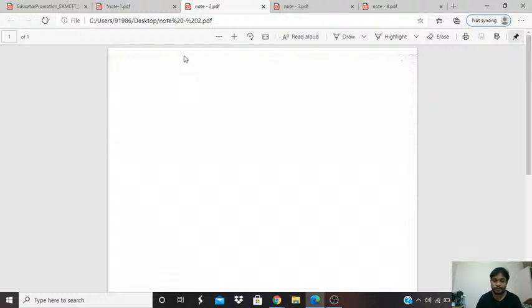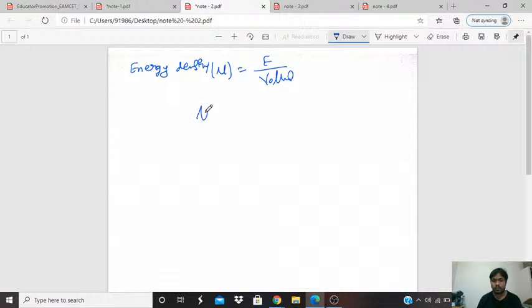Next, energy density. Energy density mu, how can you take it? Energy per unit volume. So we can take half CV square by volume. What is C here?